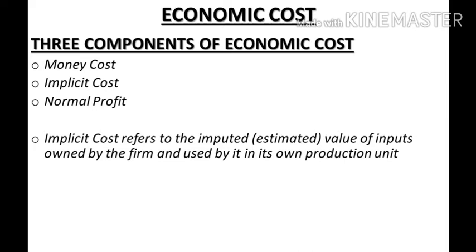The owner or the entrepreneur may own certain factor services which he may use in his own business. For example, the entrepreneur may contribute his own land, his own capital, or may provide entrepreneurial and managerial services. Any of the factor services the entrepreneur may own, he can provide for his own business process.